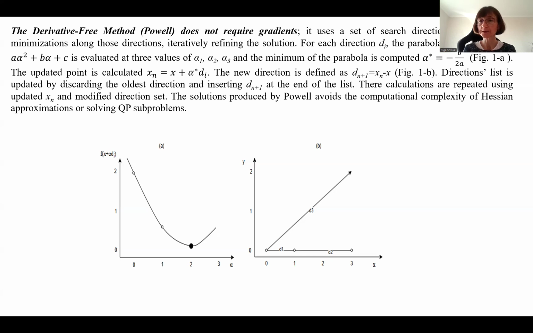Then, having this point, it calculates the next point and the direction. Having obtained the next point and the updated direction list, Powell continues to the next iteration until the optimum is found.